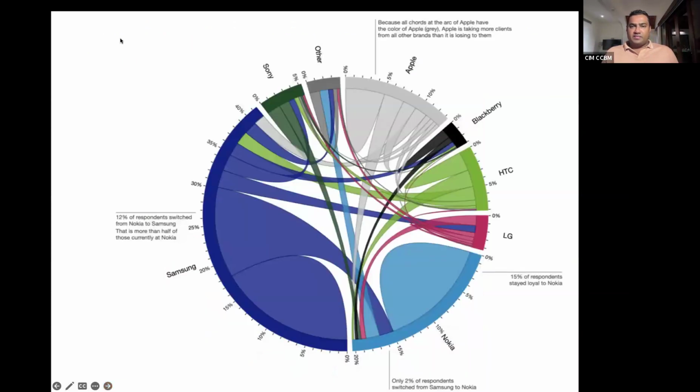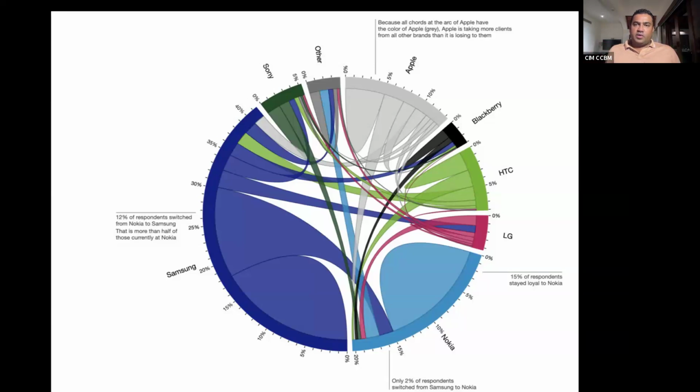Here's another one, right? This shows the different mobile operators. You have Apple, you have BlackBerry, at least when it was operating, BlackBerry now is dead, HTC, LG, Nokia, Samsung, Sony, and others.